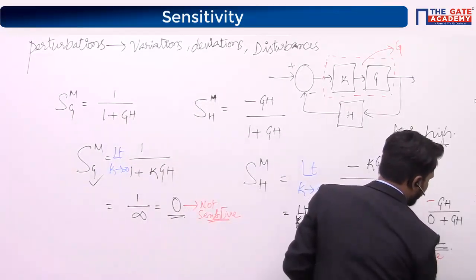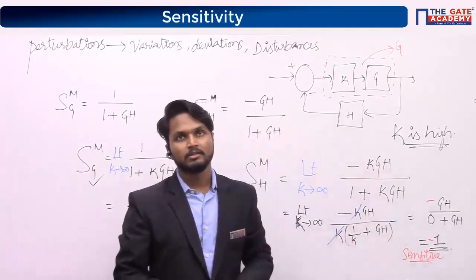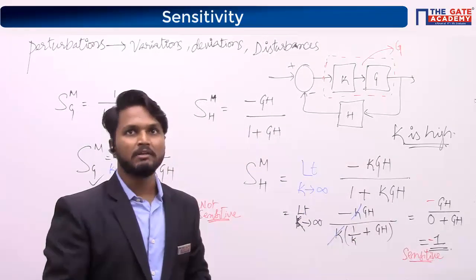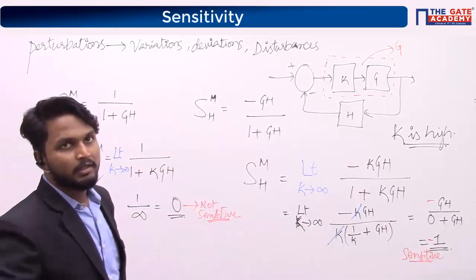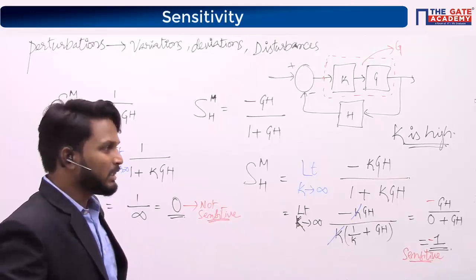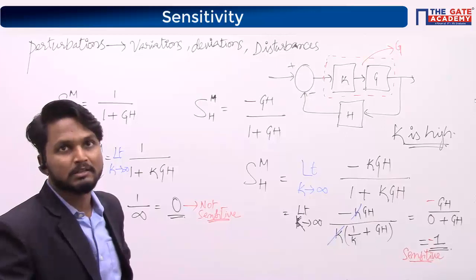So this is the answer. Very interesting question, very important question also. From sensitivity, this is the best question till date we have in GATE. This was given for 2 marks.